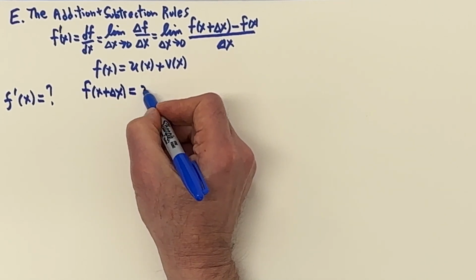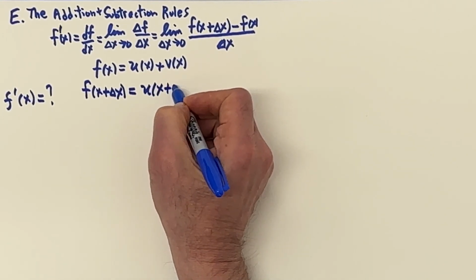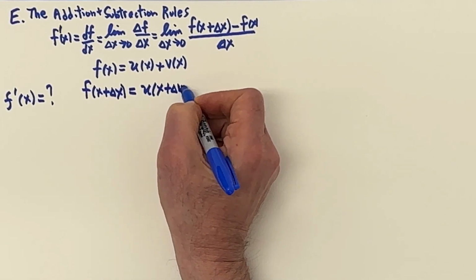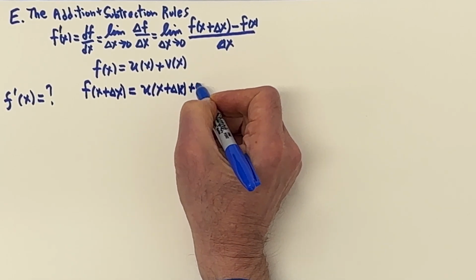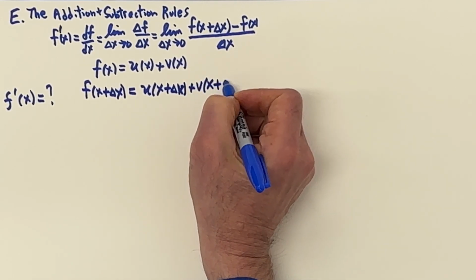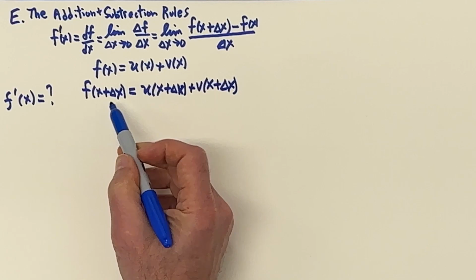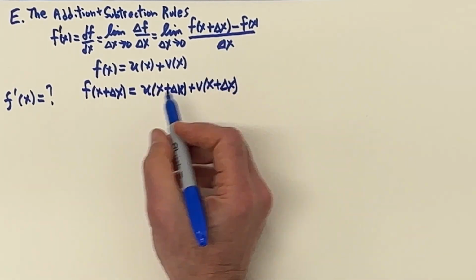Well, that would be u of x plus delta x, and we would add to that v of x plus delta x. So now we're ready to use the formula.